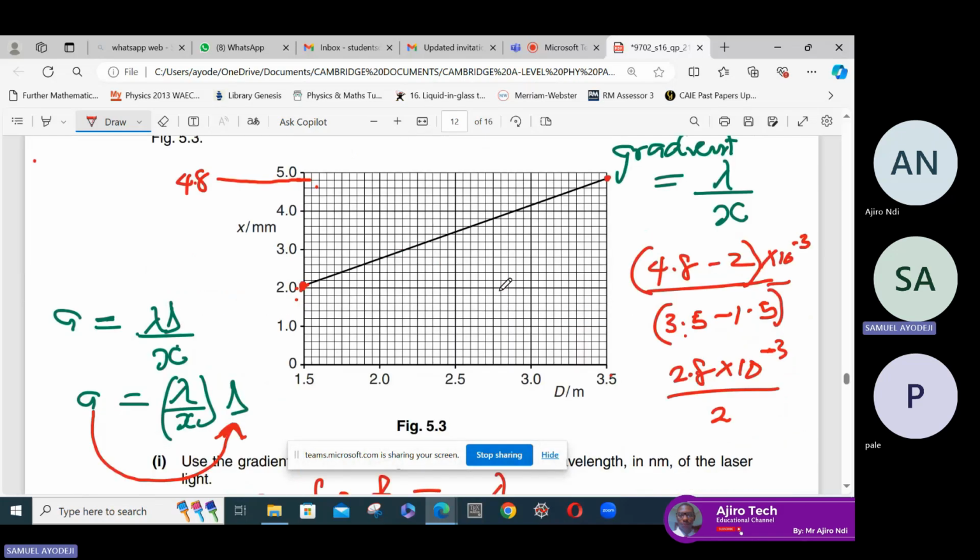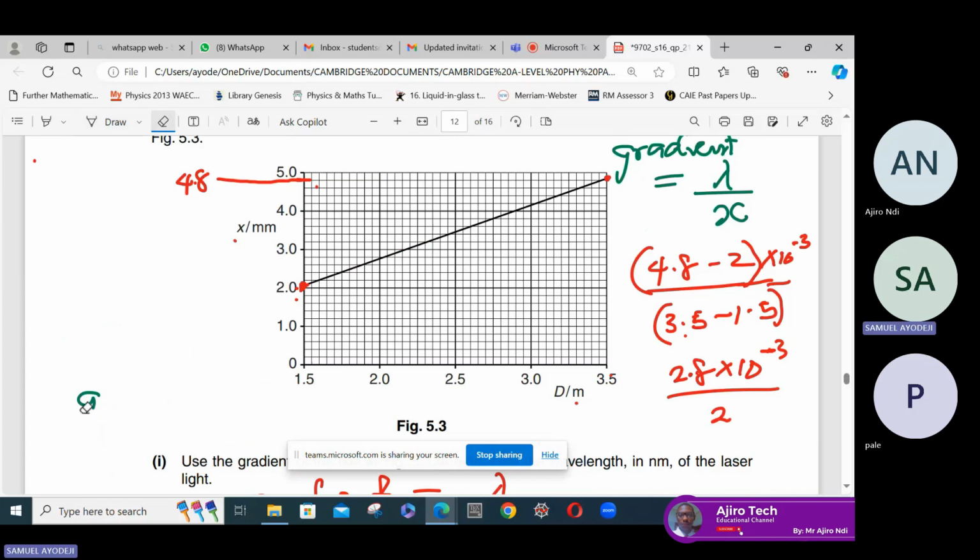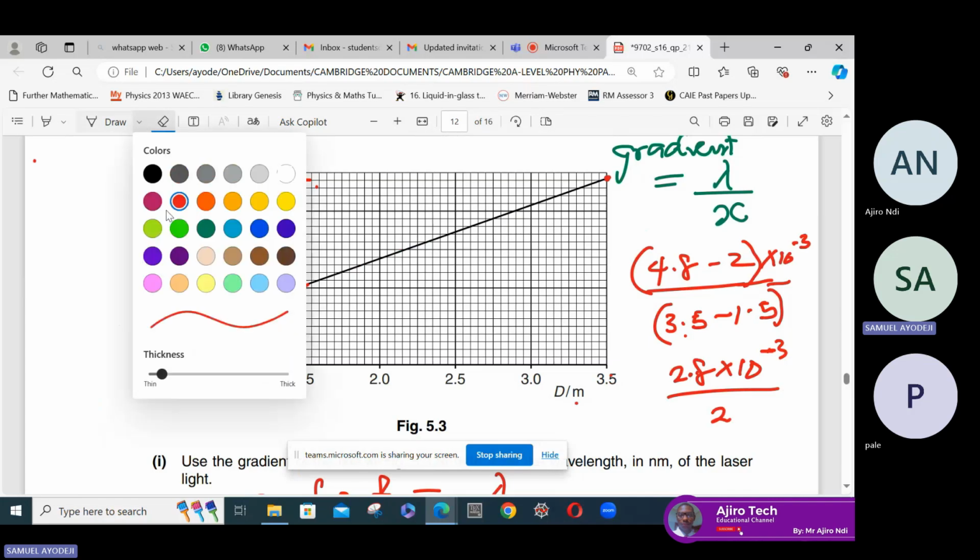Something is wrong. No, it's correct, but what I did is it is X that is plotted against D, and I have used A against D. So it's wrong, I have to rearrange the equation here. But the gradient is correct. Lambda equals AX over D.